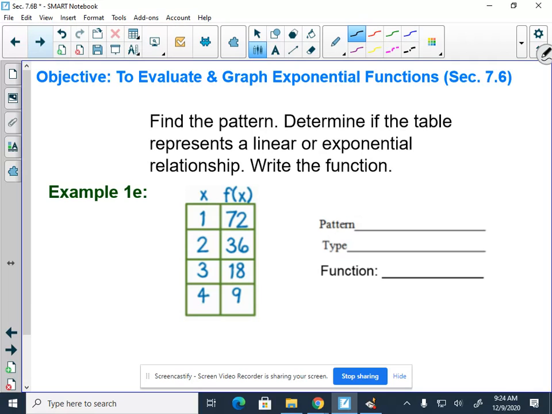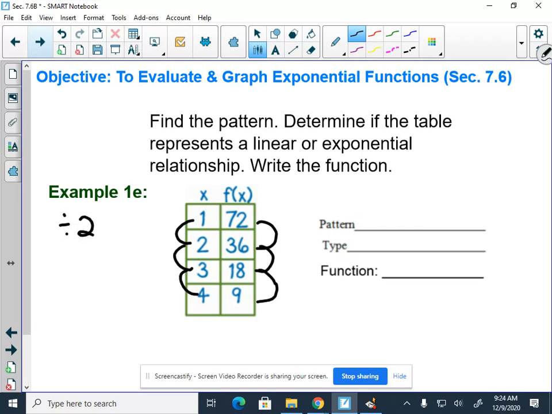All right, next one. These are all going up 1. That's really what we want. What's happening each time here? It's not subtracting. Divide by 2.